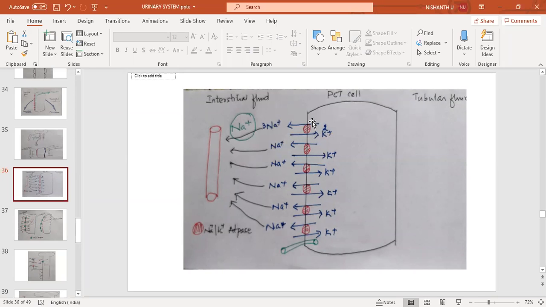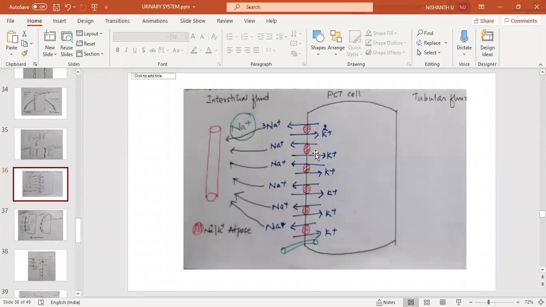Don't think that 1 or 2 will be there. N number of proteins will be present on the basal membrane. Continuously it will be transferring the sodium from the cell to the interstitial fluid, and potassium from the interstitial fluid to the cell. That means for every 3 sodium, 2 potassium is transferred.